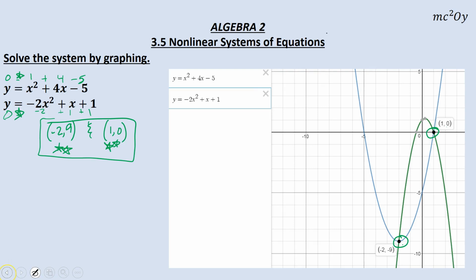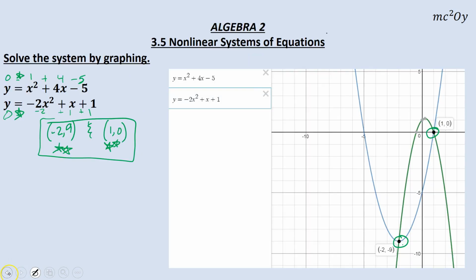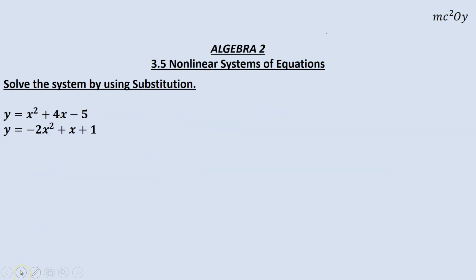Nope. Did I mess up over here? Oh, I did. For crying out loud. Didn't even catch that. So in this one, our solution wouldn't have been -2, +9. It would have been -2, -9. Unbelievable. All right, well, hopefully you guys caught that. I didn't catch it immediately.